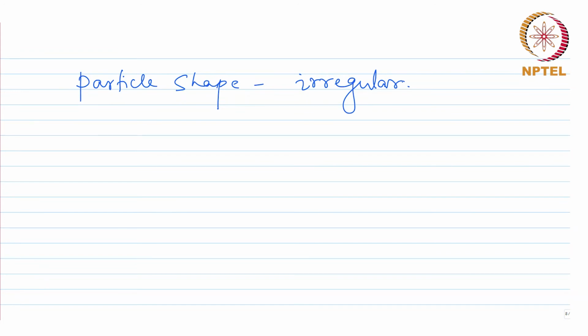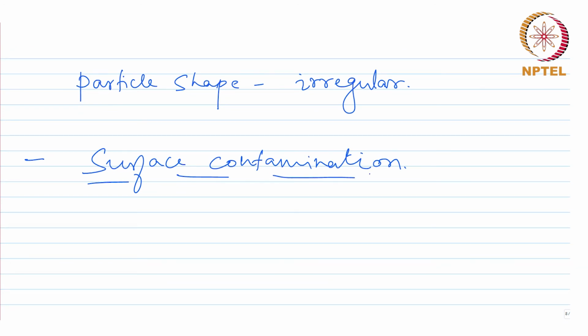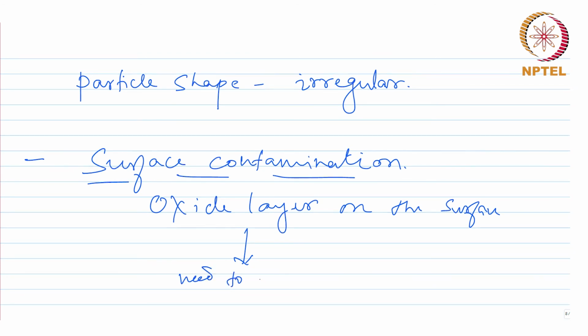And the other thing which I was mentioning is the surface contamination due to the oxide layer that forms on the surface of the particles, because here you are impacting the metal stream with a water jet, and due to that there is a possibility that this molten metal droplet reacts with oxygen and then forms an oxide layer over the surface. So, there may be a need to reduce this oxide under a reducing condition by further heat treatment.